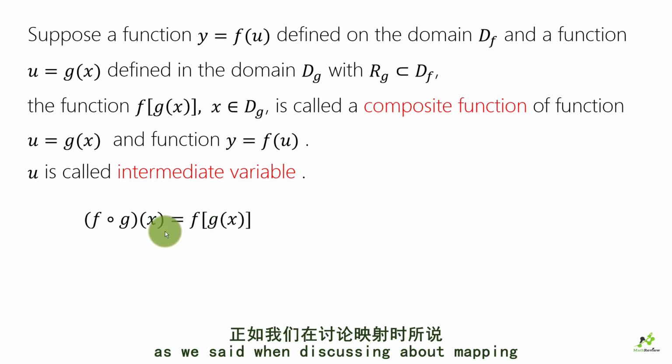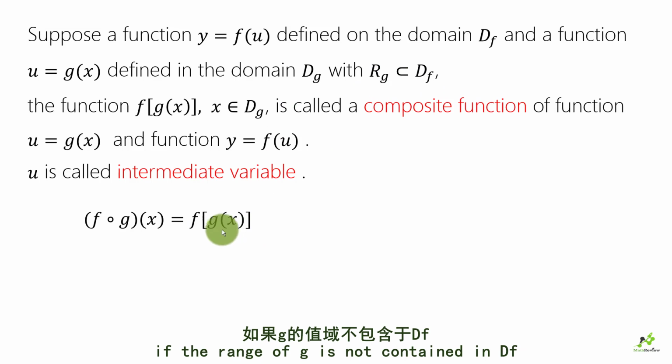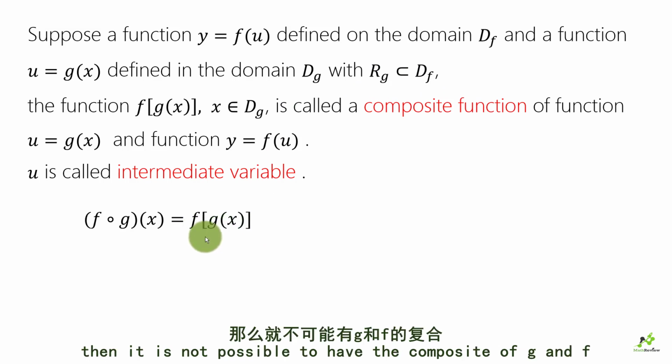As we said when discussing mapping, the range of g must be contained by the domain of definition of f. If the range of g is not contained by Df, then it is not possible to have the composite of g and f.